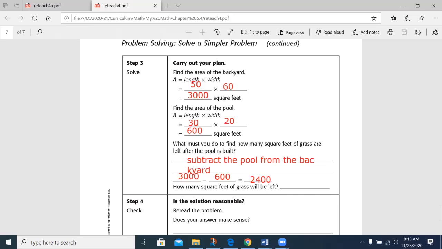How many feet of grass will be left? 2,400. Can I check my work? Well, go ahead and write this in. I'll give you a moment. Again, as always, if you need an extra second, you're free to pause the video before moving forward.